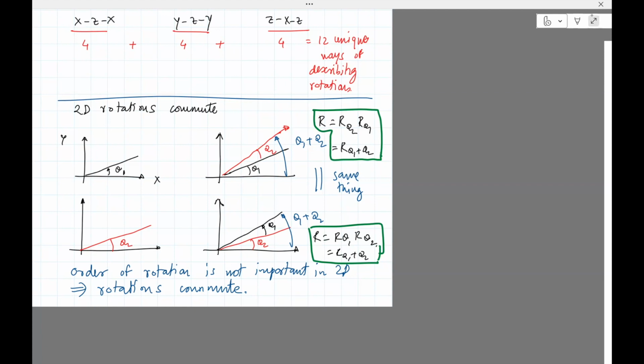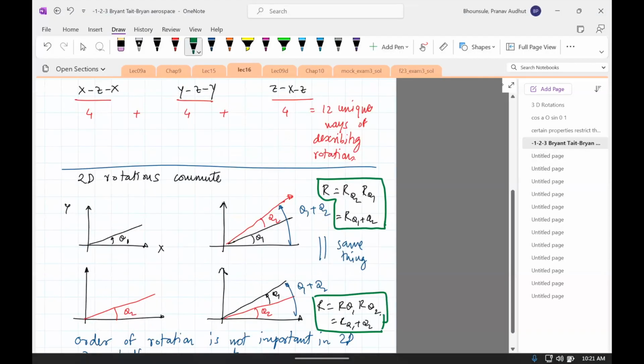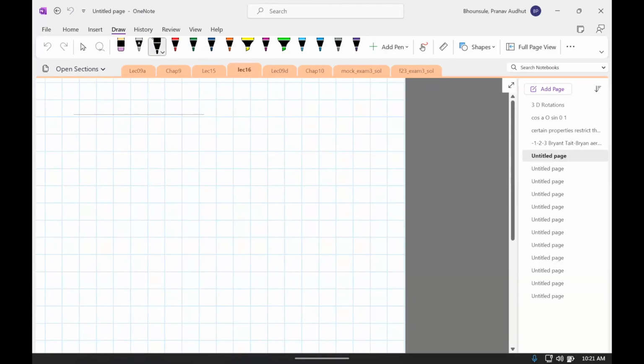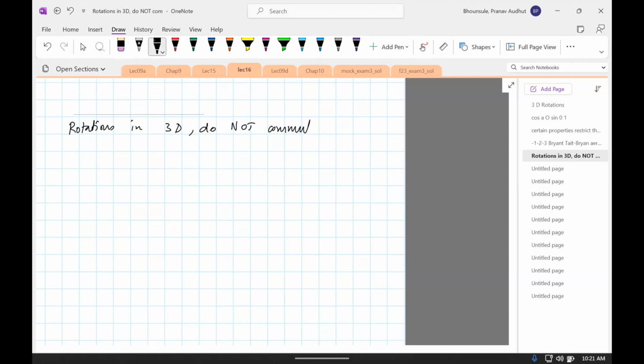The rotations in 3D do not commute. Okay, let me show this to you. Actually, a good demonstration.